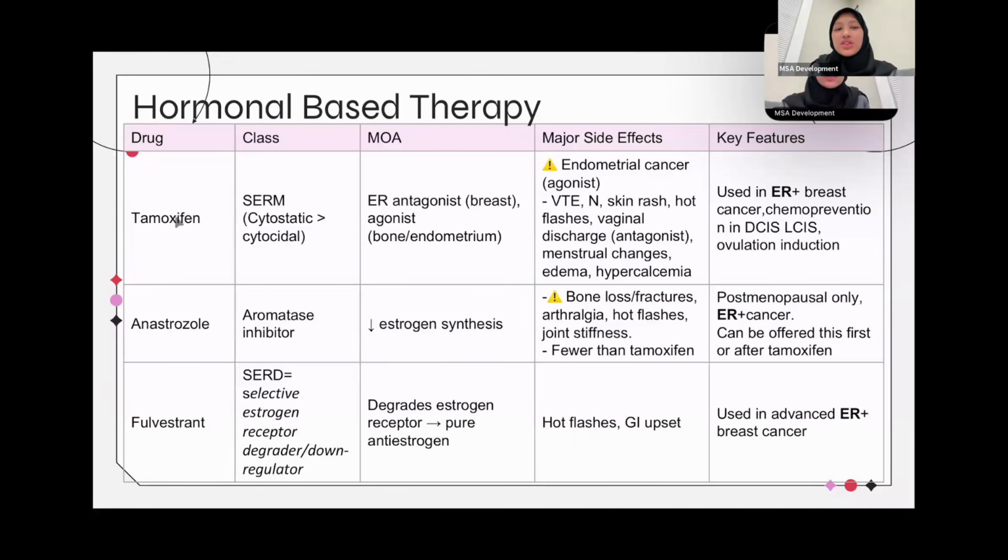So just know that tamoxifen is just like that. It is cytostatic, more than cytocidal, oh, sorry. Oh yeah, we're almost done. So cytostatic over cytocidal, which means it will have more of a static effect than killing the tumor cells. And the major side effect, because it's an and wait, sorry.